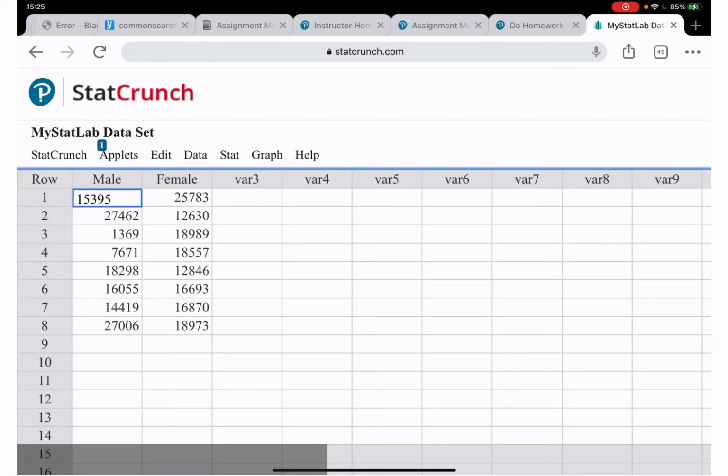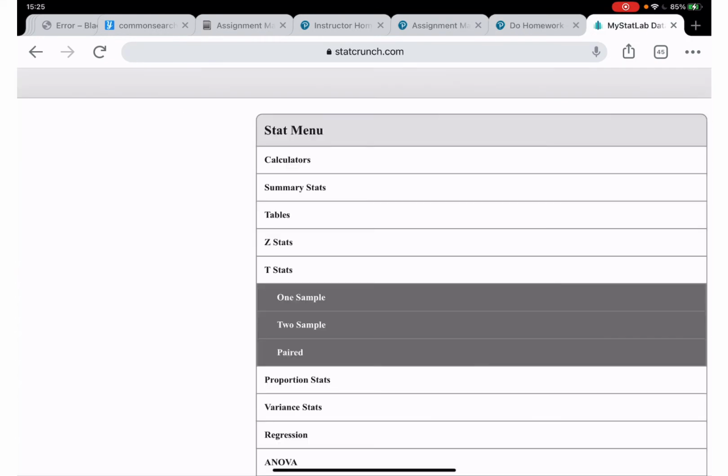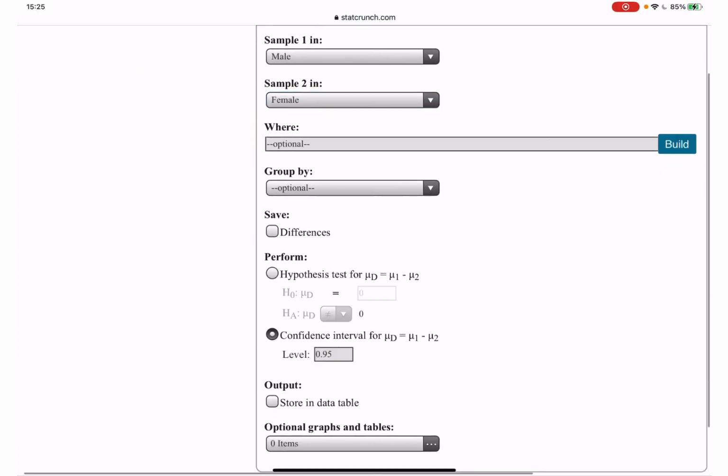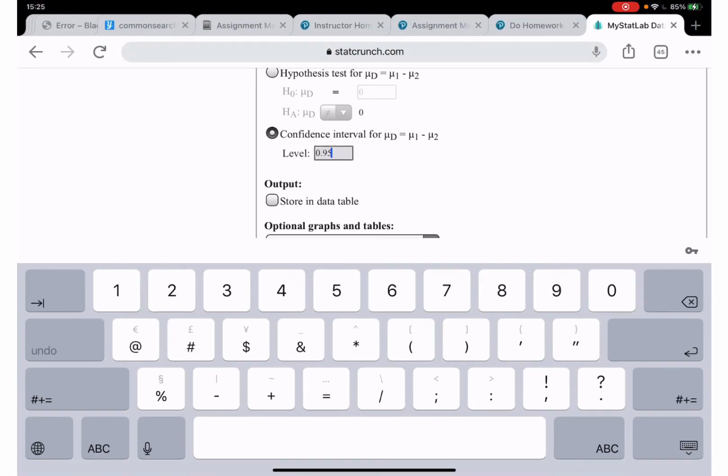So I'm closing this, opening paired, and then we have male, we have female, and in this case we choose confidence interval. Since it's one tail, then for two tails the confidence is going to be 90, because it has to be between, right?